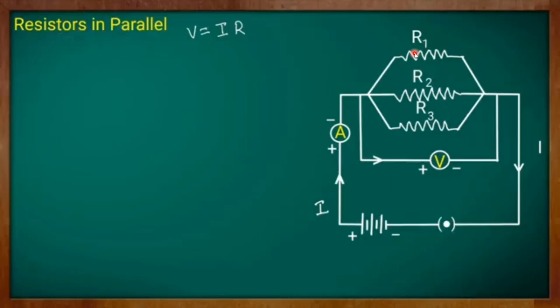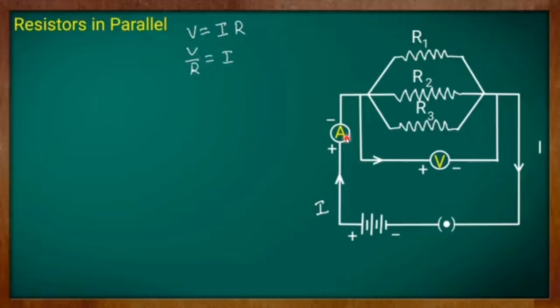Suppose the current which is passing through R1 will be I1, the current which passes through the resistance R2 will be I2, and the current which passes through R3 will be I3. But the voltage across these three resistors is the same. So what you have to notice is, as I've said, in series the voltages are different across the resistors, while the current was the same, isn't it?